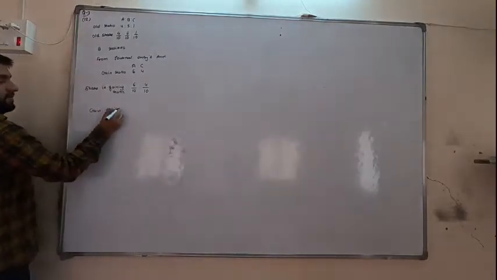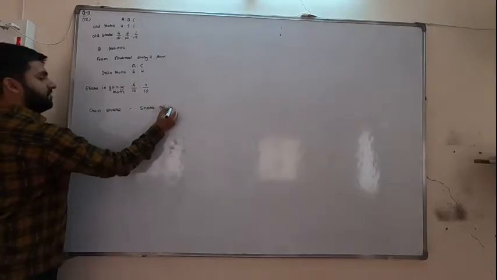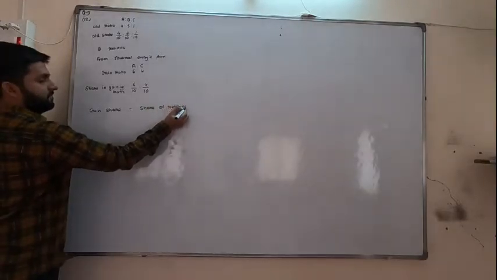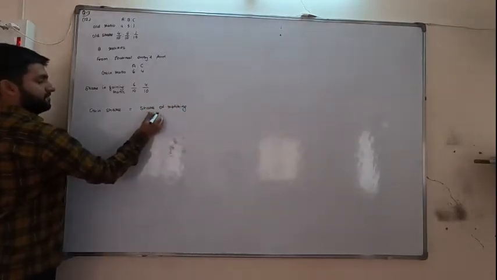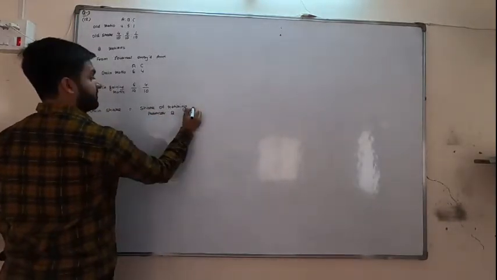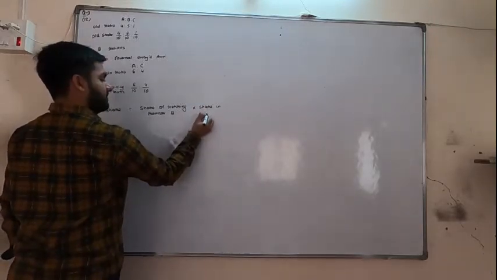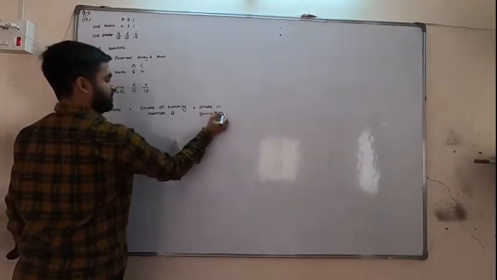So gain share is equal to share of retiring partner B into share in gaining ratio.